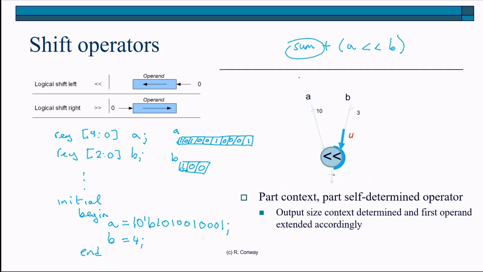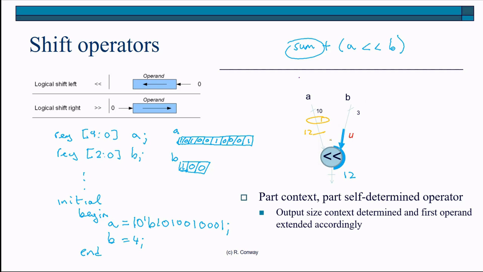And if sum was a 12-bit value, our output would be 12 bits. And we'd need to extend our 10-bit to a 12-bit value. And this is the normal approach for context determined operators. The actual type of extension will depend on whether the first operand and sum is signed. So this will be a signed extension if A and sum are both signed.